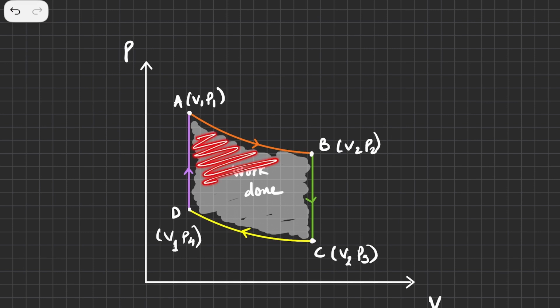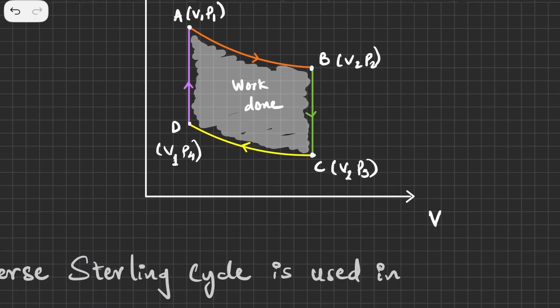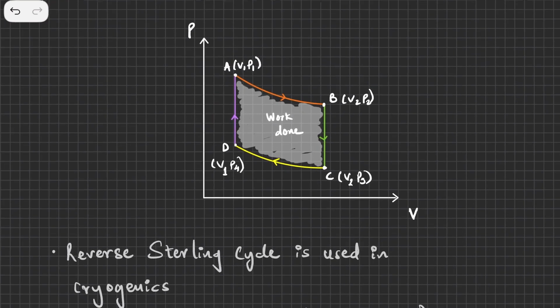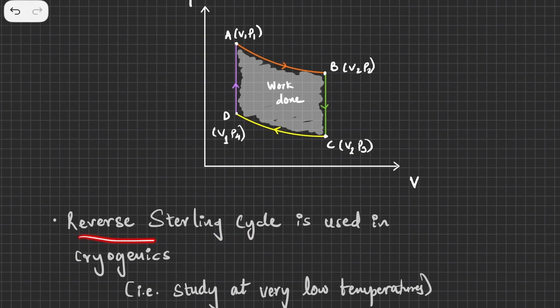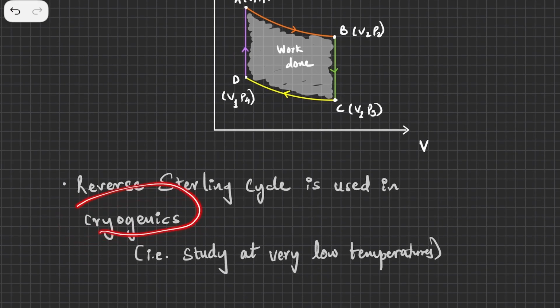And again, the area inside the cyclic process gives you the work done. Now note where this Stirling cycle is used. If we run this cycle in reverse order, the reverse Stirling cycle is used in cryogenics. What is cryogenics? Cryogenics is a field where we study very low temperatures.